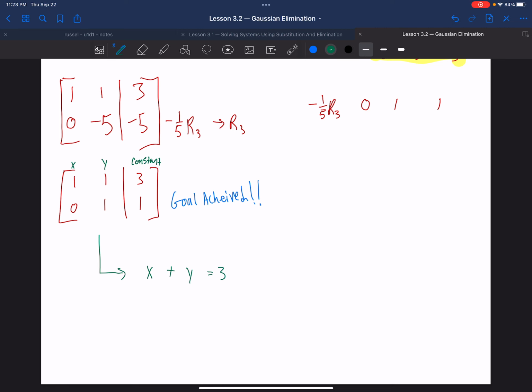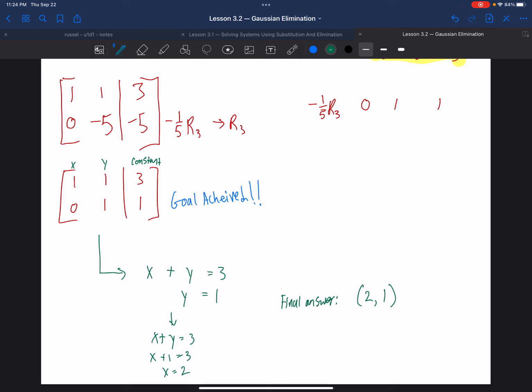Doing the bottom row, you have Y equals 1, because you don't have an X. So if Y equals 1, then X plus Y equals 3 means X plus 1 equals 3 means X equals 2. So my final answer is X is 2, Y is 1.